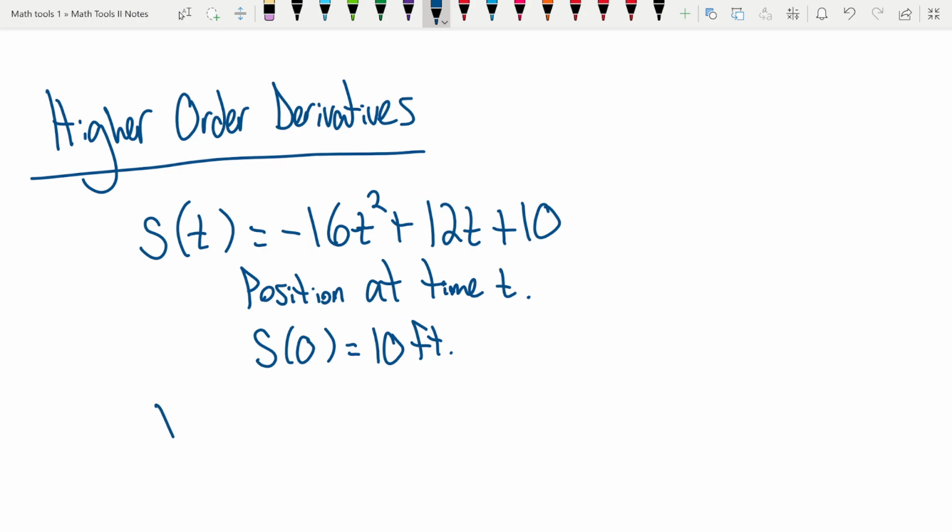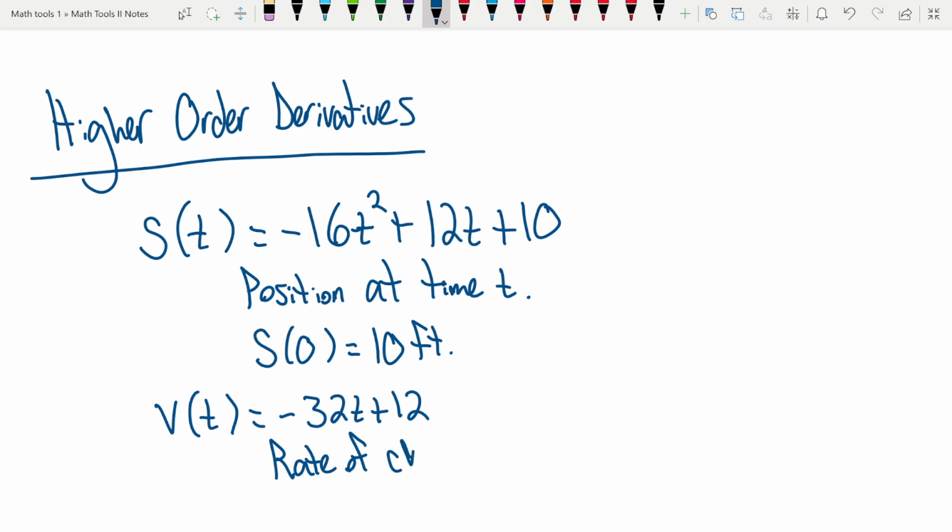So we call this the velocity, and the derivative is negative 32t plus 12. This is the rate of change in position, in other words, the slope of position.